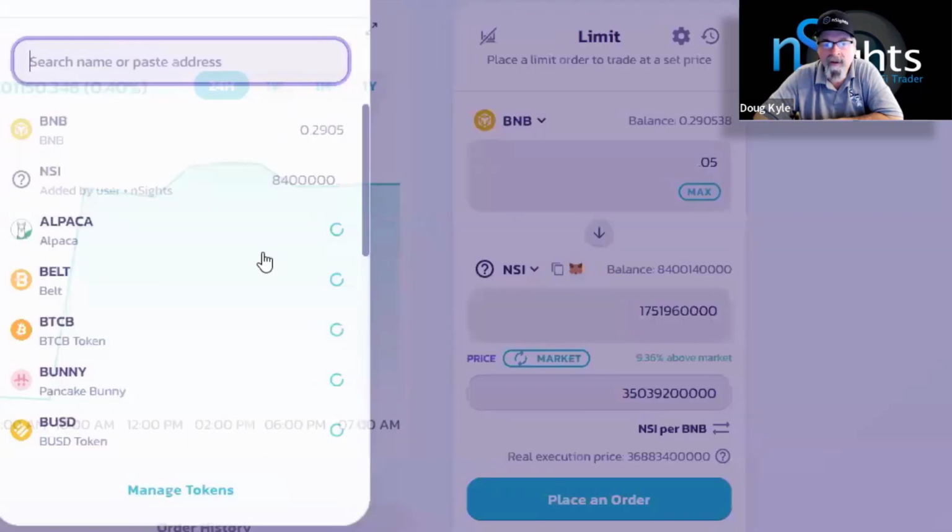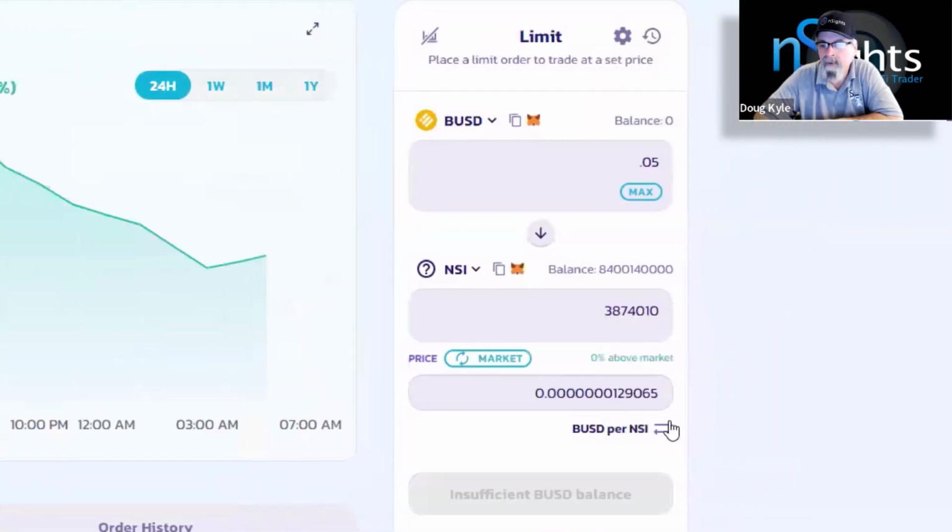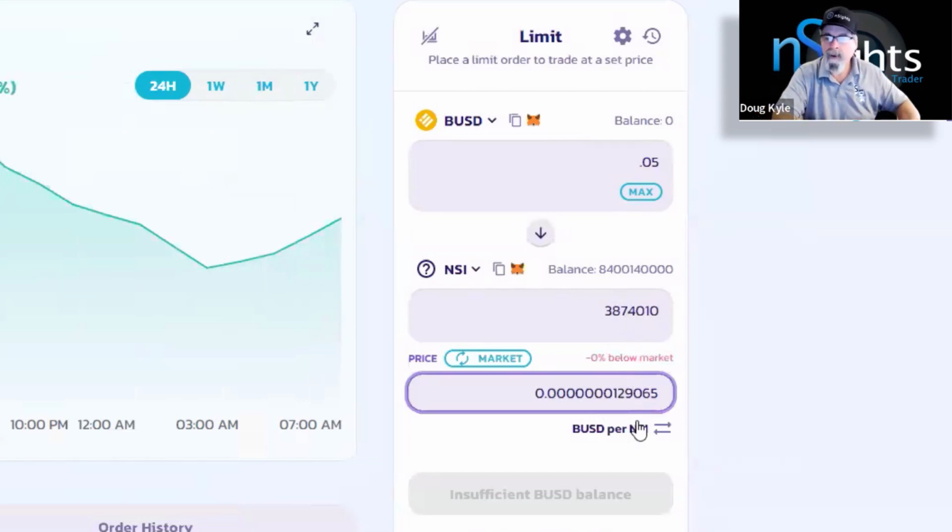I can switch this to BUSD and then switch this here. If I look at this, I can say, okay, if I want to trade below the market, I would change this number to a smaller number.